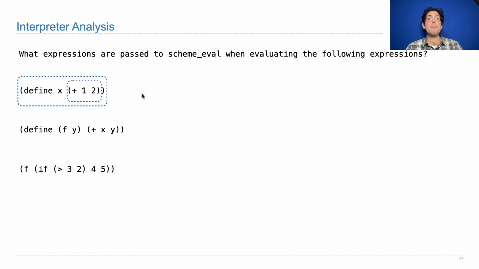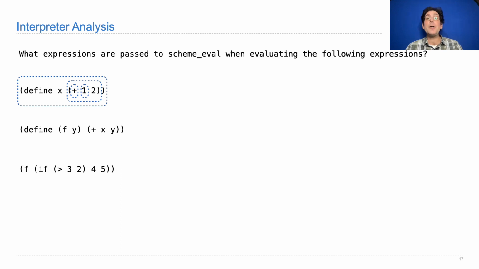And how call expressions get evaluated is that first, the operator sub-expression is passed to scheme eval. What does that mean? That means we figure out what plus is bound to. By default, it's bound to the procedure that adds, but that could have been changed, so we need to look it up every time we try to add something together.